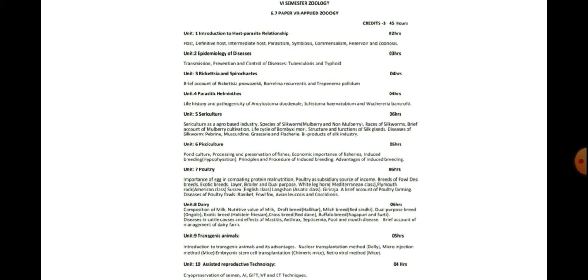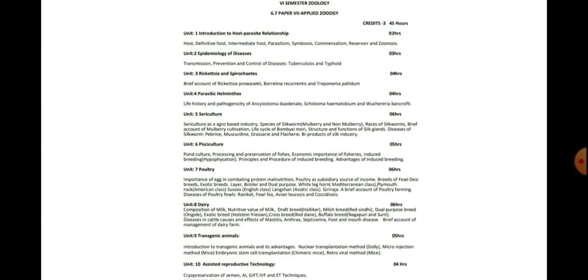It is a branch of zoology where the existing scientific knowledge is applied to develop more practical applications which have benefits to human welfare. Such applications, and that branch, are called applied zoology.